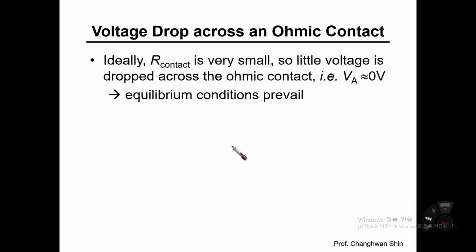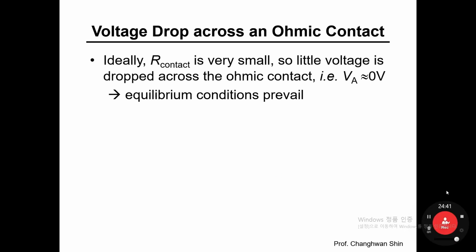So we can consider the biased MS contact as an MS contact at thermal equilibrium. Everything comes from the fact that the resistance value across the ohmic contact is super small. Then we can ignore the voltage drop when current flows through the MS contact. This is quite straightforward, and I guess the basic concept is very easy to understand.